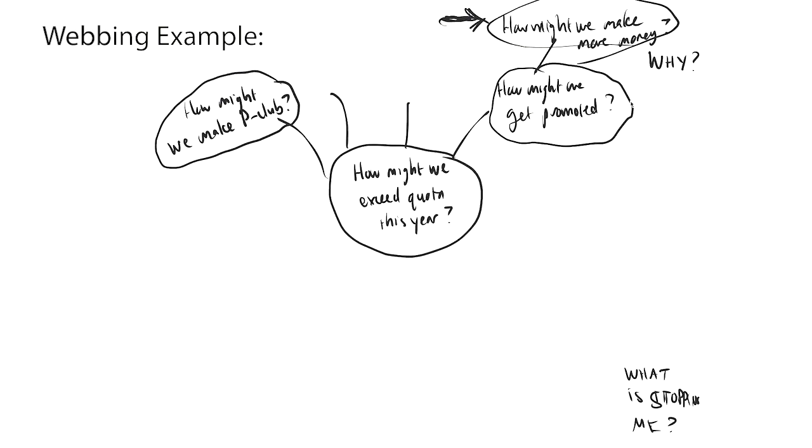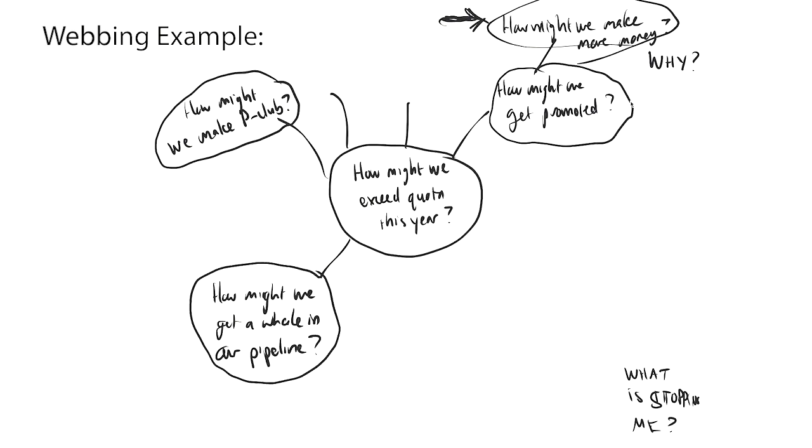The other part is to look at that original goal and ask yourself what is stopping you? So, how might we exceed quota this year? One thing stopping you is maybe you don't have a whale in your pipeline. So we then change that into a question. Another reason might be that you don't have enough pipeline.